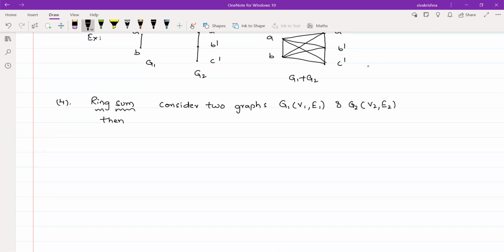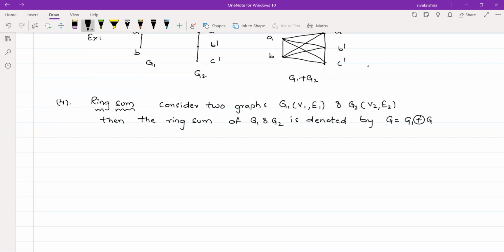Then the ring sum of G1 and G2 is denoted by G is equal to G1 ring sum G2. So this is the ring sum operation.